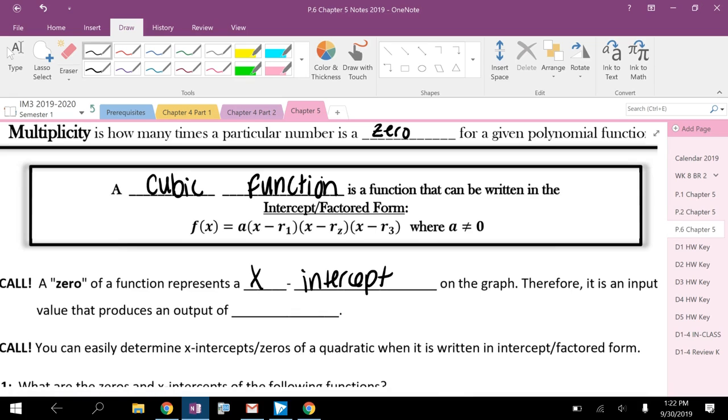Those are technically your x-intercepts. You can use that word interchangeably. So the 0 is what you're solving for. The x-intercept is actually what it is. So what is that y value that you always get when you have an x-intercept? Like a number, comma, what? What would go there in an x-intercept? 0. Very good.